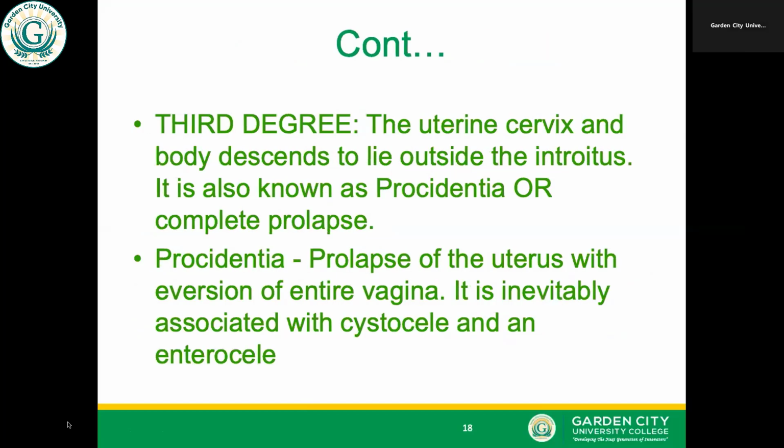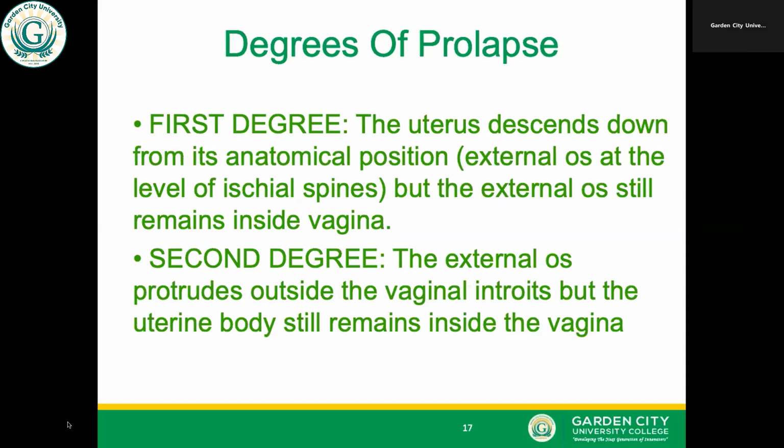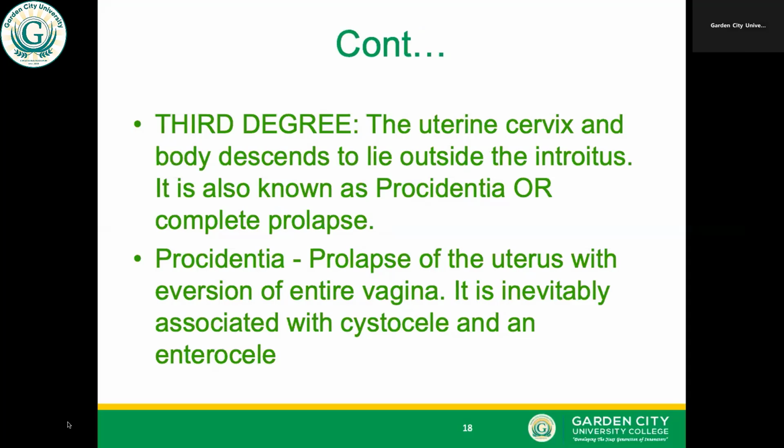So with the first degree, the cervix is inside the vagina but not out. With the second degree, the cervix is down out of the vagina, but the body of the uterus is still up. And with the third degree, the uterine cervix and the body descend.